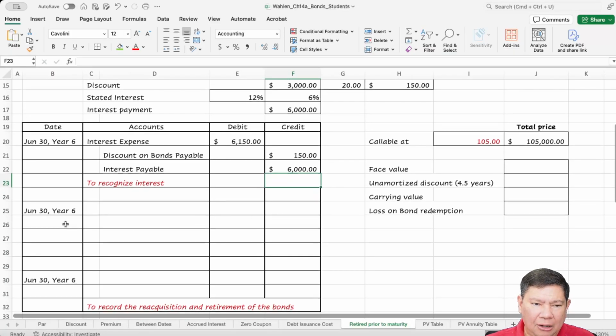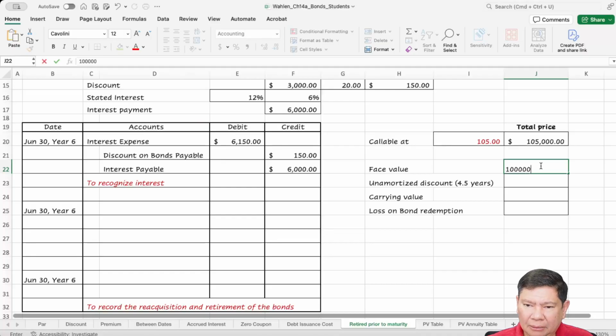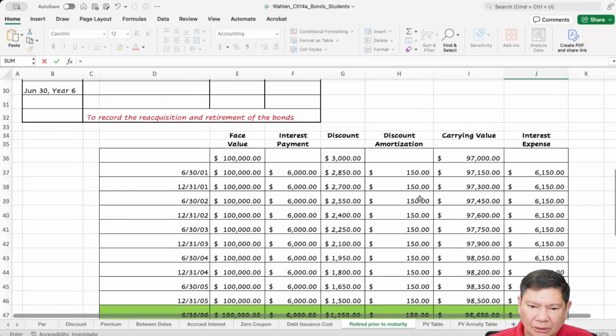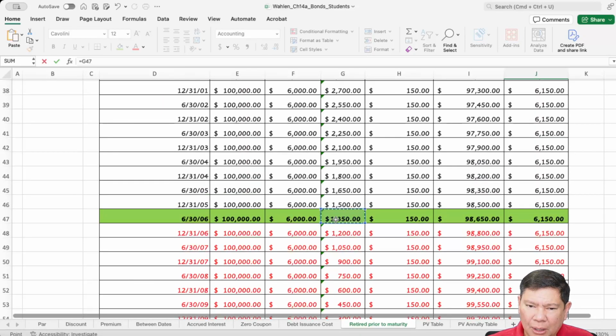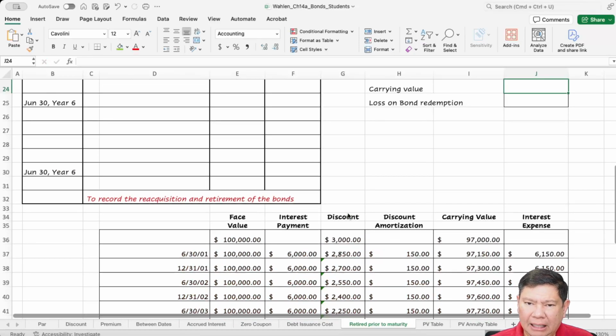Okay, and then on June 30th, also after the last interest payment, is going to be the call transaction. So the face value is 100,000. The unamortized discount is this 1,350.